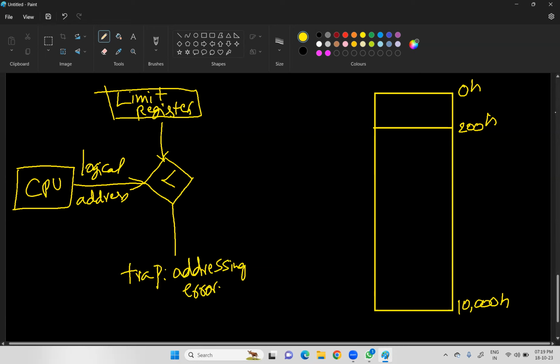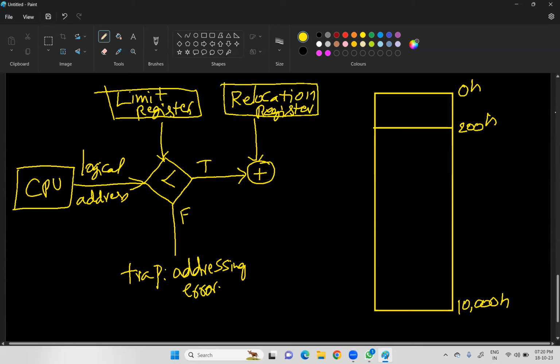Now, if it is true, there is no problem. It will continue, added with the relocation register value.